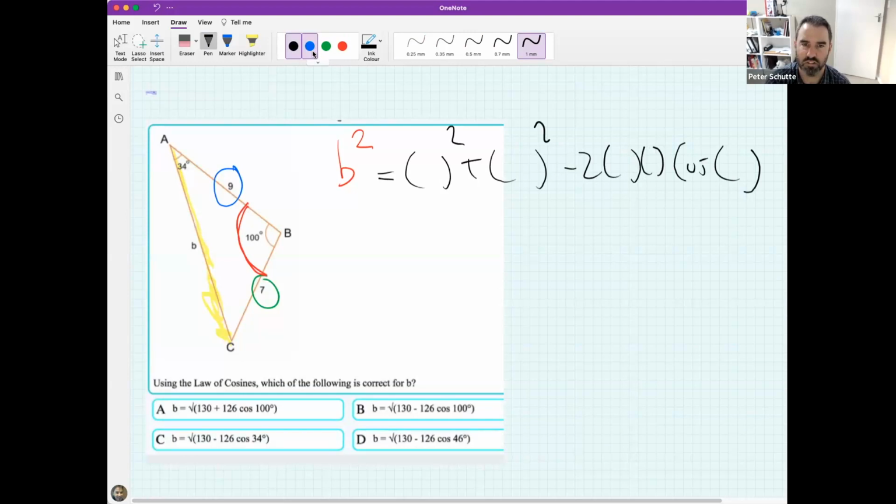And we're going to take those sides that we've got here. So that's going to be a 9. This is going to be a 7. That's going to be 9, 7. And then the angle in between is 100.